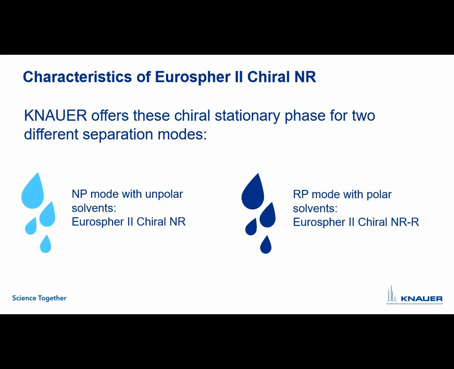What exactly the chiral selector is in this case is proprietary, but just so you know, this one is optimized a little bit more for chiral analytes that are soluble in these polar solvents, and this one is for normal phase solvents. So here you can really get a reversed elution order between these two columns, for two different modes, for the same molecules.